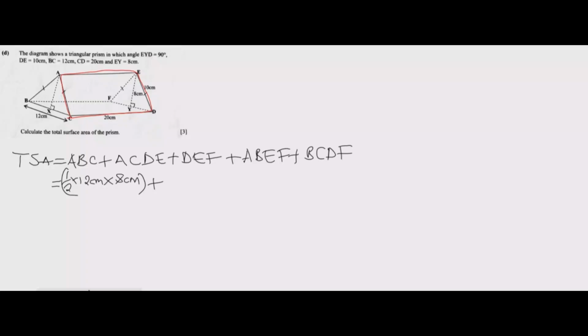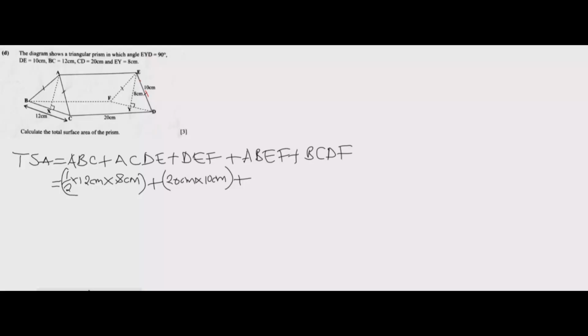Here the length is 20 centimeter and the width is 10. So we open bracket and say 20 centimeter times 10 centimeter, close bracket, then plus. Now we are done with this one.